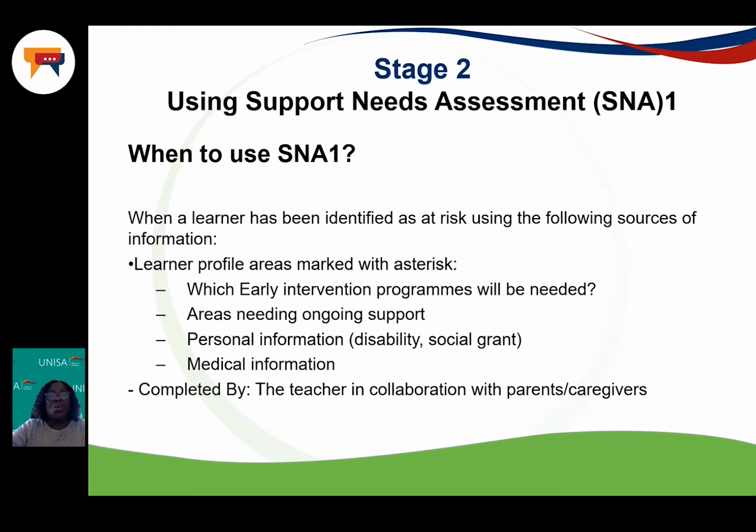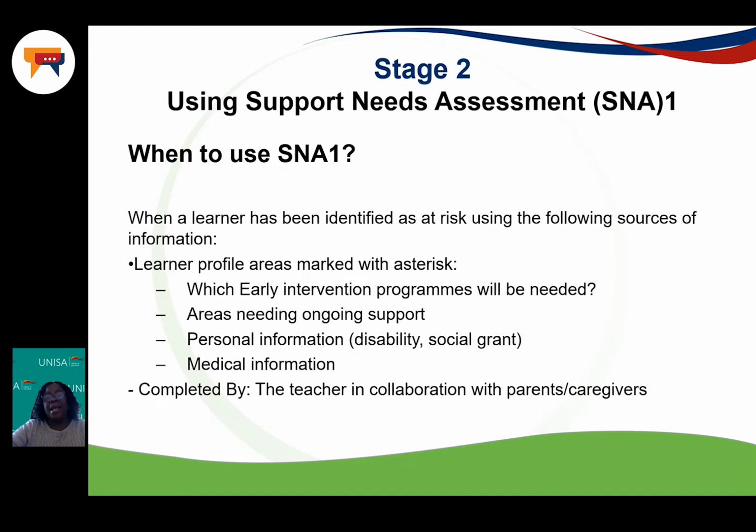So we make use of this tool when a learner has been identified as at risk using the following sources of information: the learner profile areas marked with asterisks, which will guide you towards which early intervention programs will be needed. Areas needing ongoing support.